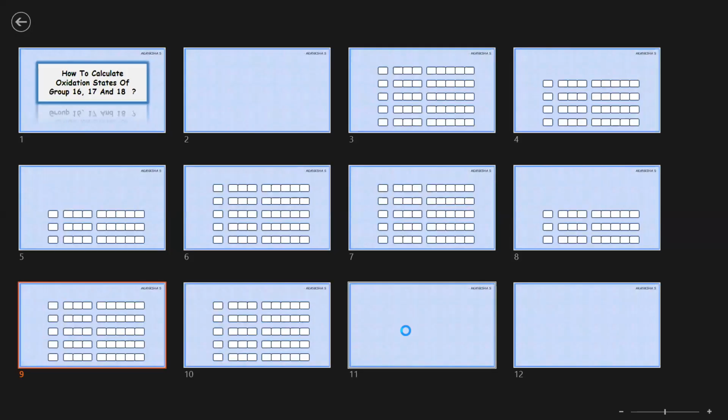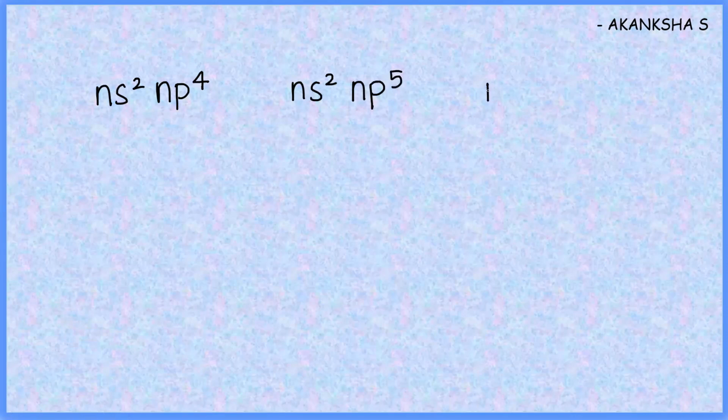There's one way which I as a student used to remember. I hope it will help you as well. Okay, a simple way to remember for MCQs. ns2np4, ns2np5, ns2np6. So 2 and 4 total makes it 6.